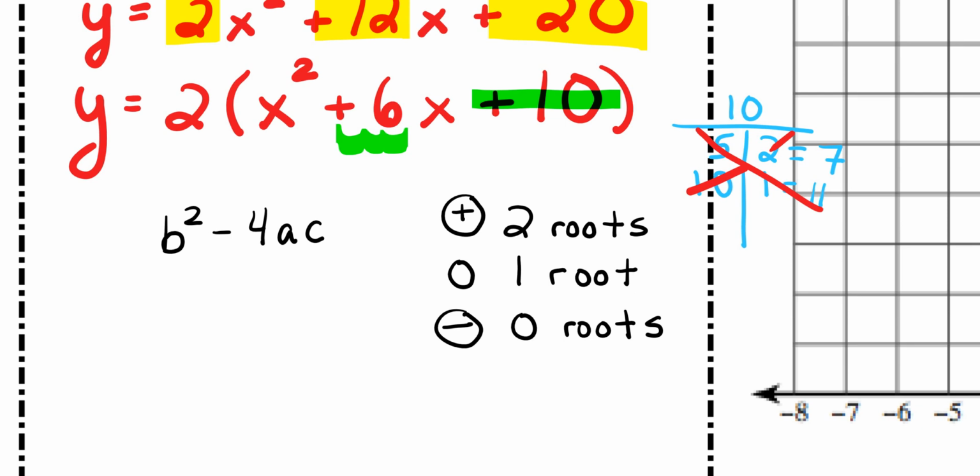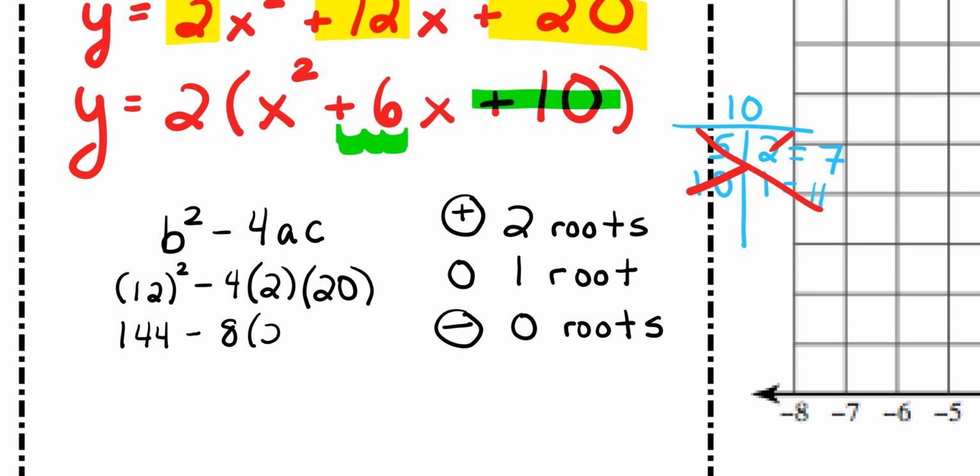So let's figure out what this discriminant is. Our b value is 12, so I'm going to plug that in: 12 squared minus 4 times 2, for our a value, times 20. Now 12 squared is 144, minus 4 times 2, I'm going to start there. 4 times 2 is 8, times 20.